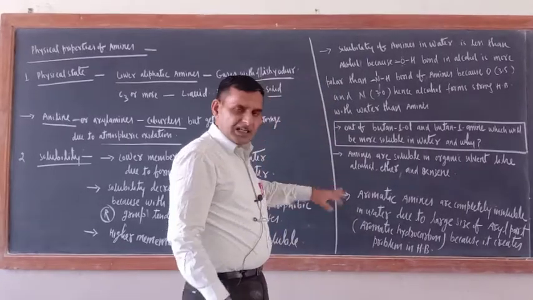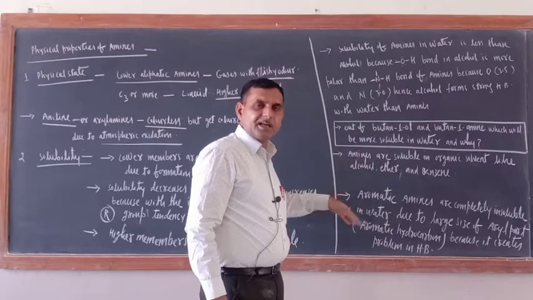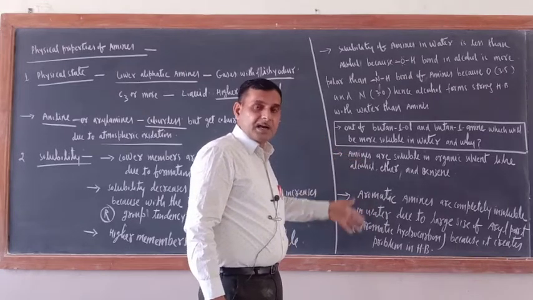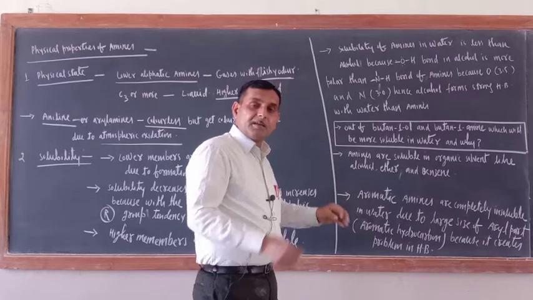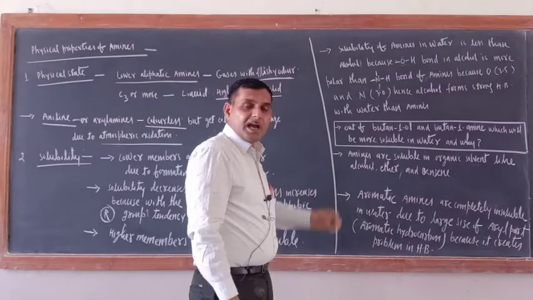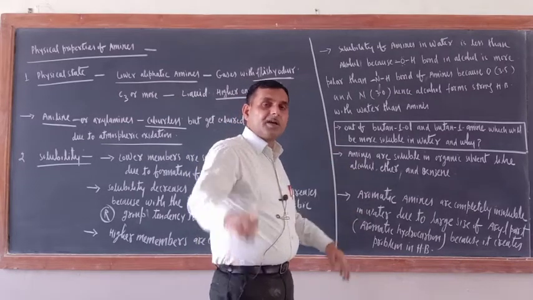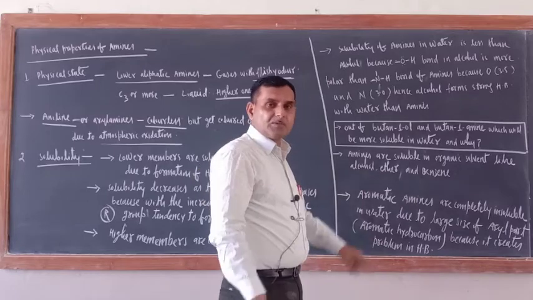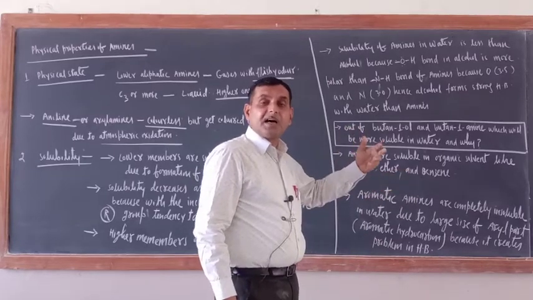As far as aromatic amines are concerned, aromatic amines means aniline or some other aryl amines. They are completely insoluble in water because they have got the bigger arene ring, benzene ring, and that creates problem in the formation of hydrogen bond with the water. Only those organic compounds are soluble in water which can form hydrogen bond with the water.